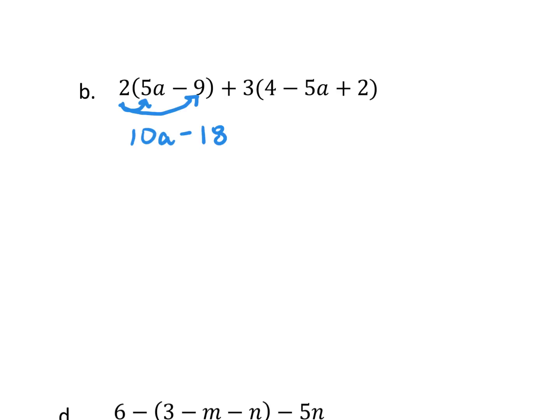And that's our first one. The second one, we want to multiply 3 times 4. We get plus 12. The plus is coming from this one right here. We have 3 times negative 5a. This is going to be negative 15a. And then we have 3 times 2, which gives us plus 6.